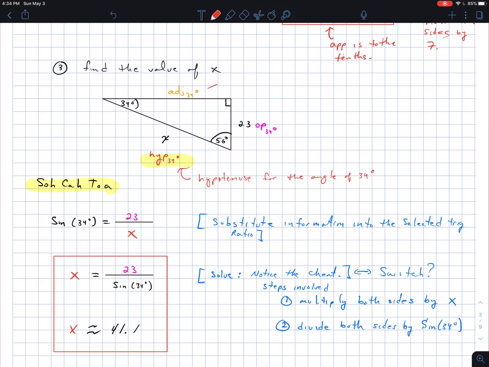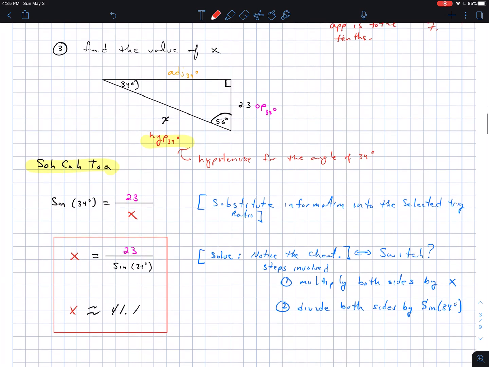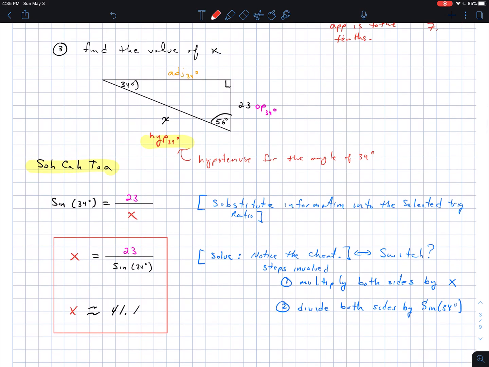And the same thing was done with the adjacent, and the same thing was done with the opposite sides. So now, once we have all that, we just substitute the information into the selected trig ratio. In this case, the sine. So the sine of an angle is, remember, the opposite over the hypotenuse.